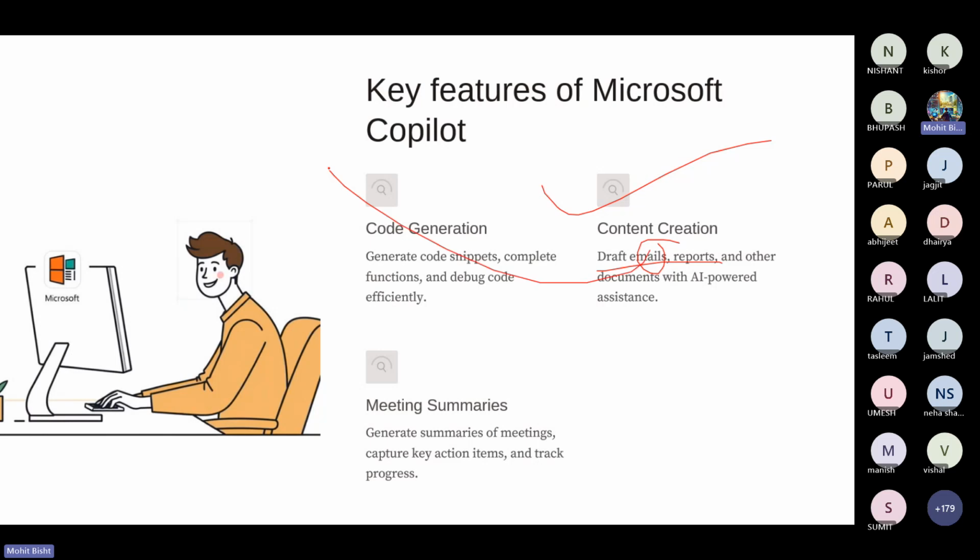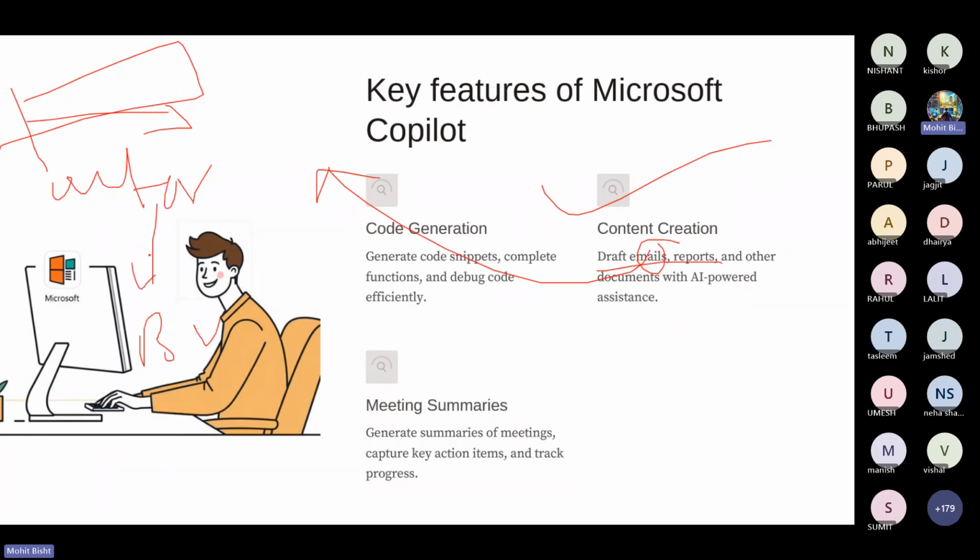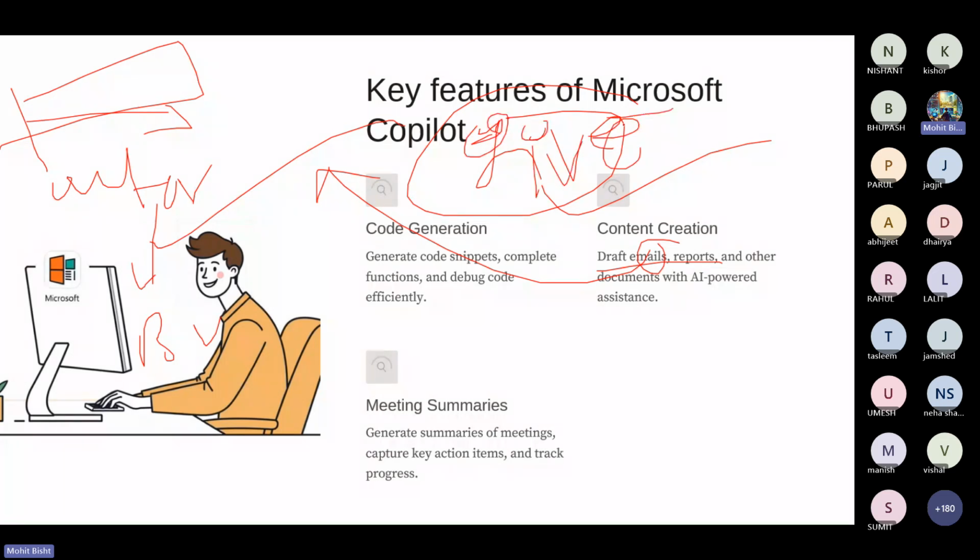So it will help draft emails, as I already told previously. We can draft emails for the sponsorship. Suppose you are a content creator and you want a sponsorship from a brand. So what you can do, you can go to the Microsoft Copilot and give a prompt, or you can speak also. We can also give a live demo of this, how you can do that.